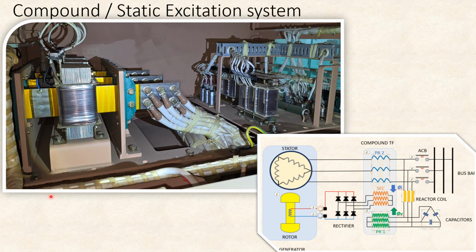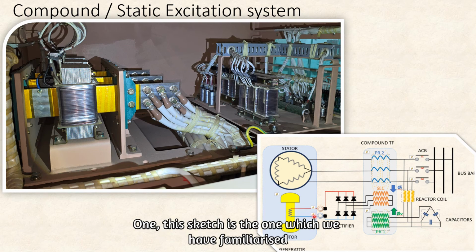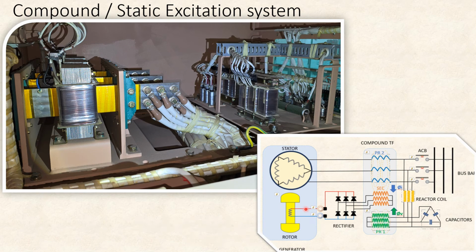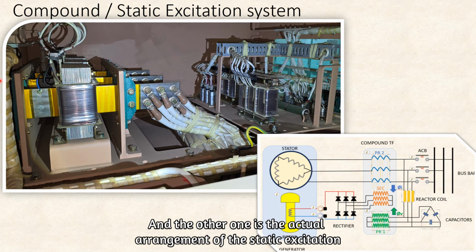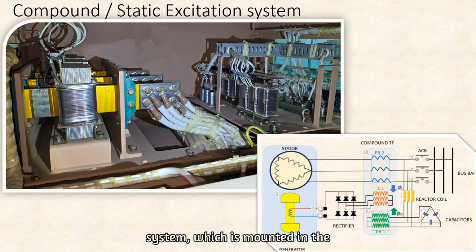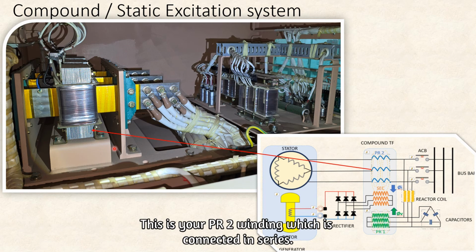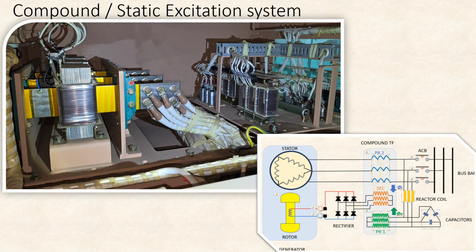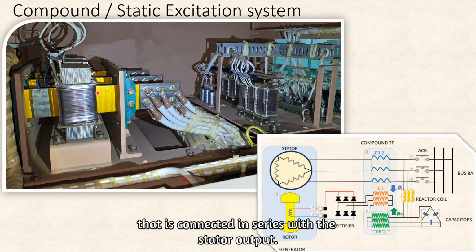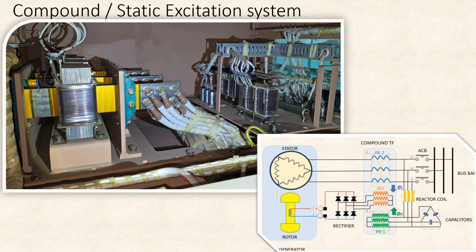On this slide, I have shown two sketches. This sketch is the one which we have familiarized, and the other one is the actual arrangement of the static excitation system, which is mounted in the alternator. This is your PR2 winding, which is connected in series with the stator output.